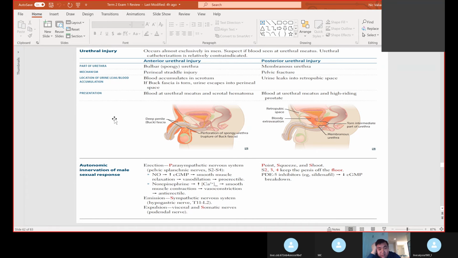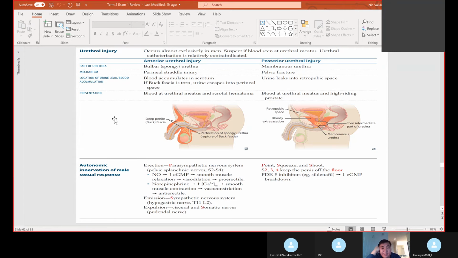Don't forget also the action of your nitric oxide. The normal function of nitric oxide is to increase cyclic GMP, which relaxes your smooth muscle, which causes vasodilation. So it's pro-erection. So for example, if you have erectile dysfunction, you need something like sildenafil, right? Viagra.